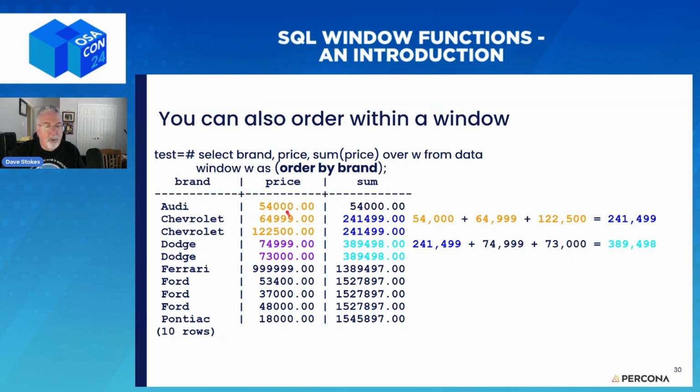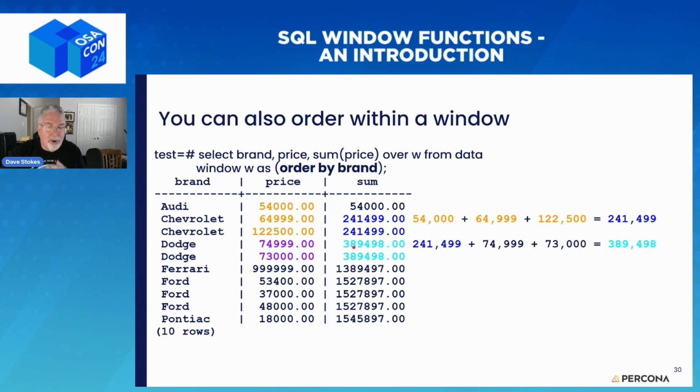So what we're doing is the Audi total brand sum is 54,000. Chevrolet, the brand sum is 241,499, which is the 64,999 and the 122,500. Dodge, we're summing 74,999 and 7,300. So, we also get the grand sum from above.